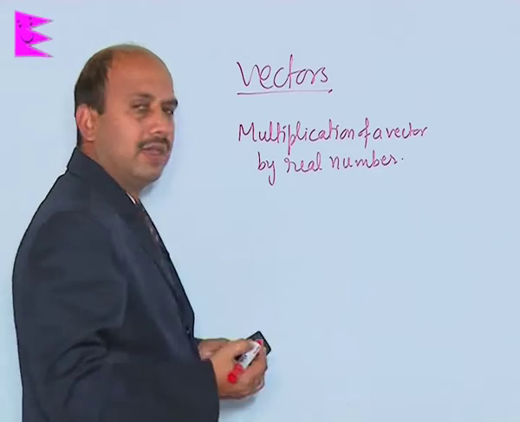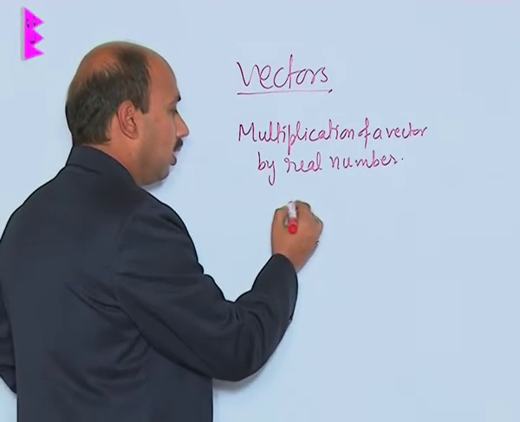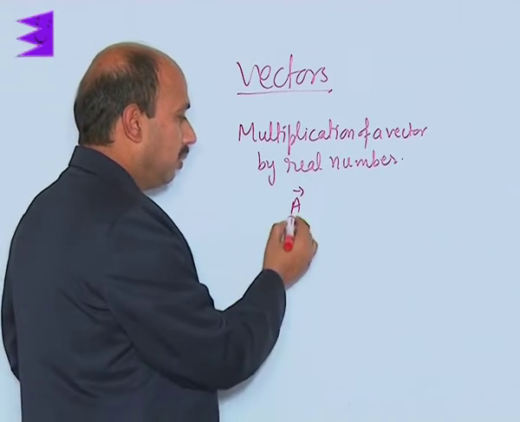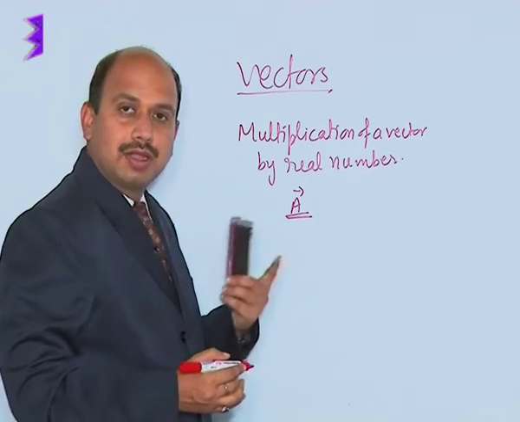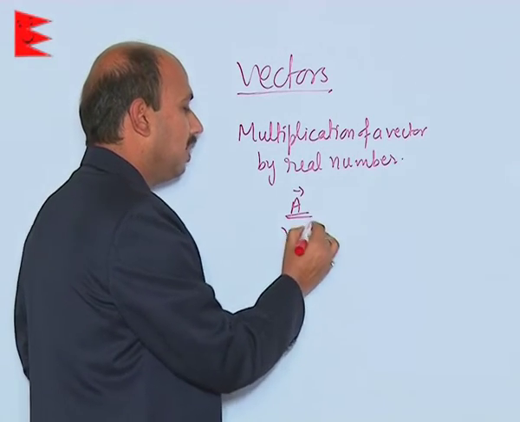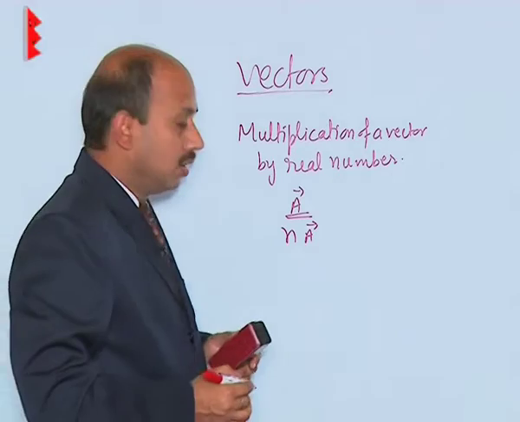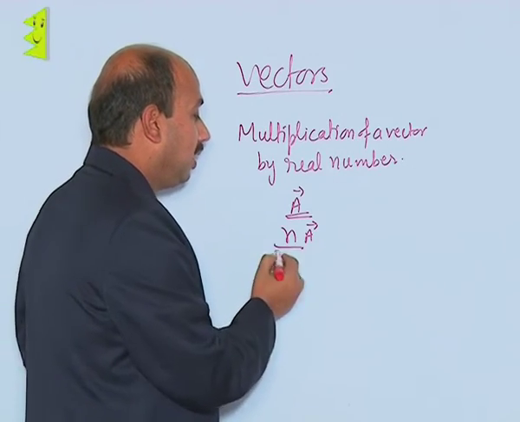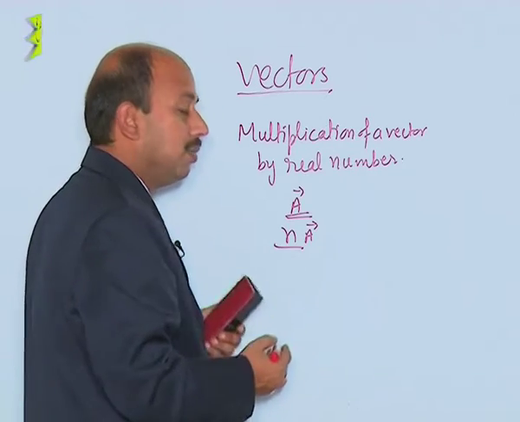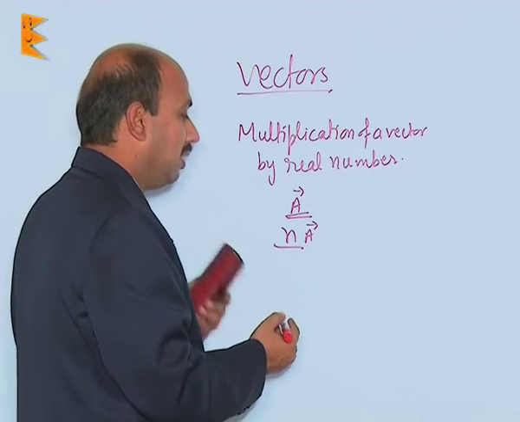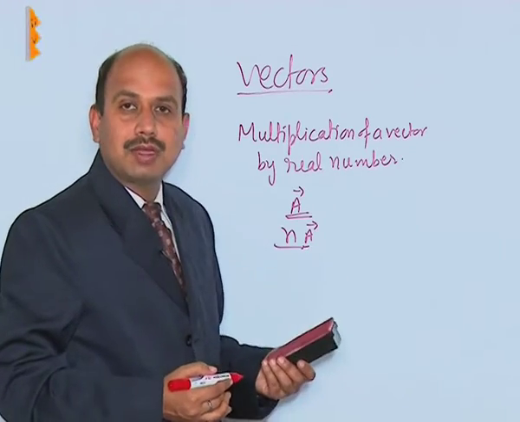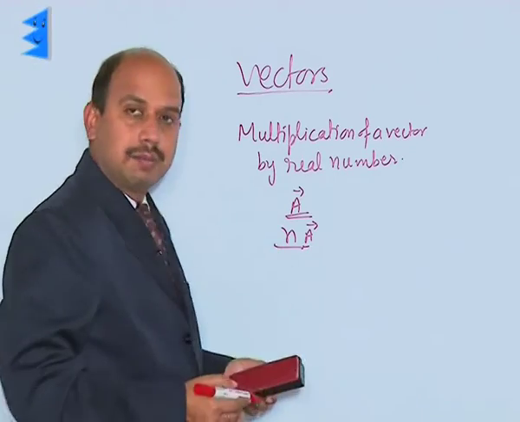Suppose you have any vector A and it is multiplied by n, where n is a real number. So, now it will become n A vector. And if we take a negative real number, that will be minus 2 or minus n. So, the direction of the vector depends on the sign of the number.